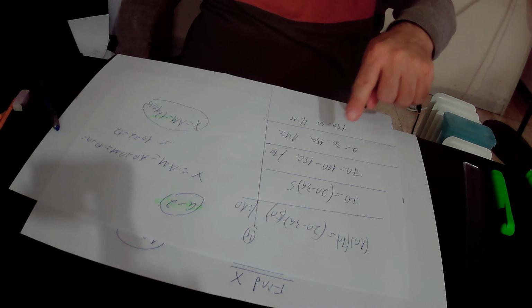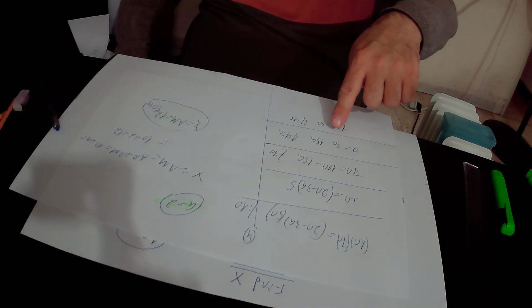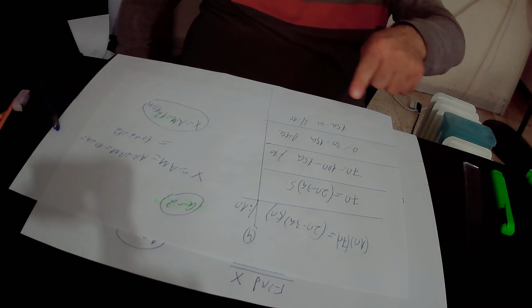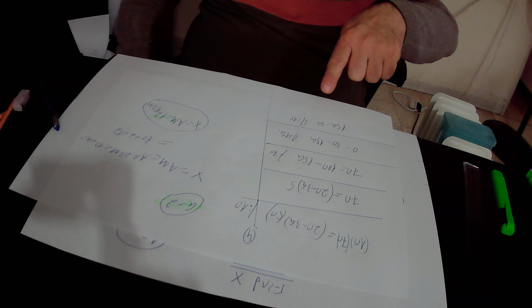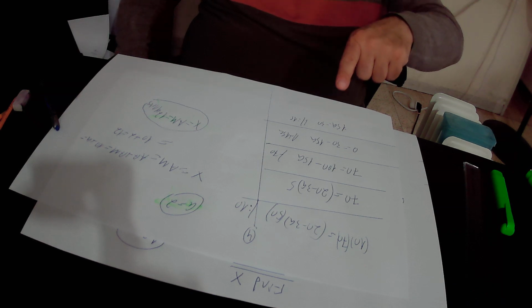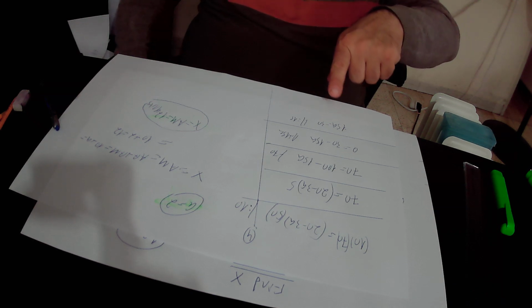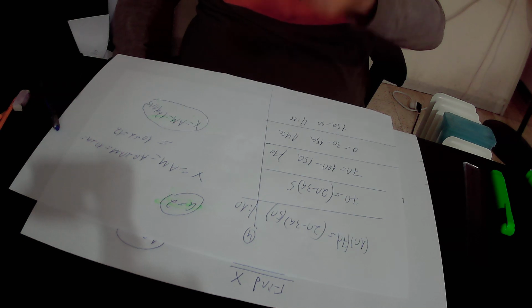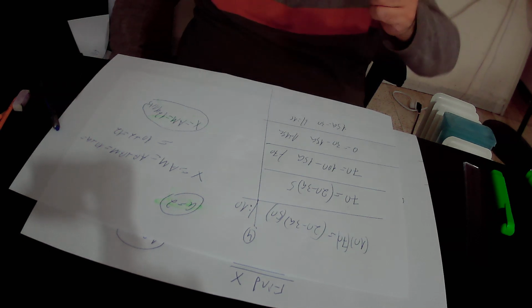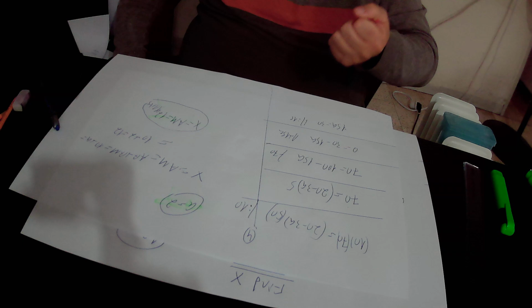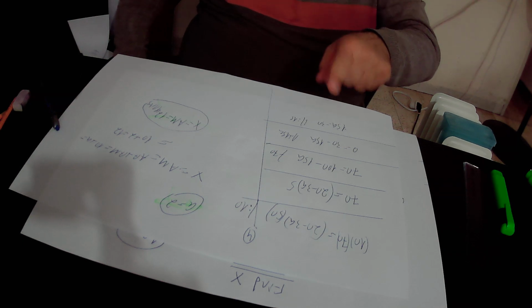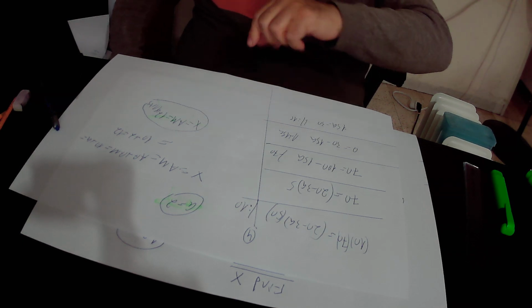So 0 equals 100 minus 70, that is 30, minus 15A. Here we added 15A to the equation and found that 15A equals 30. We divided this equation by 15 and finally found that A equals 30 over 15, that is 2. So A equals 2.